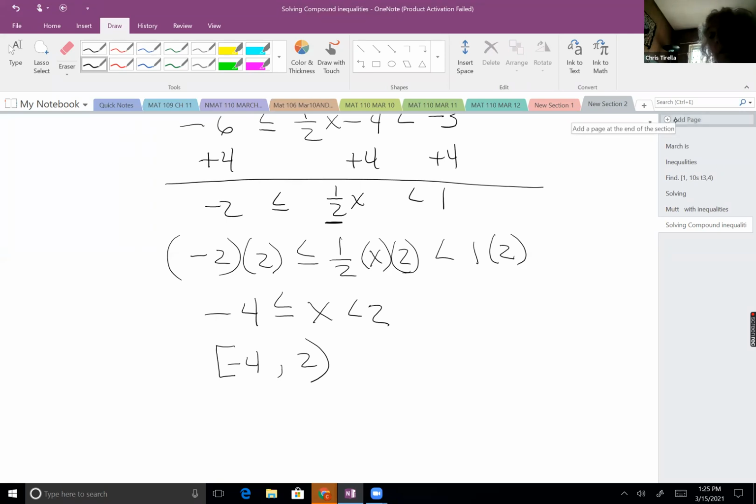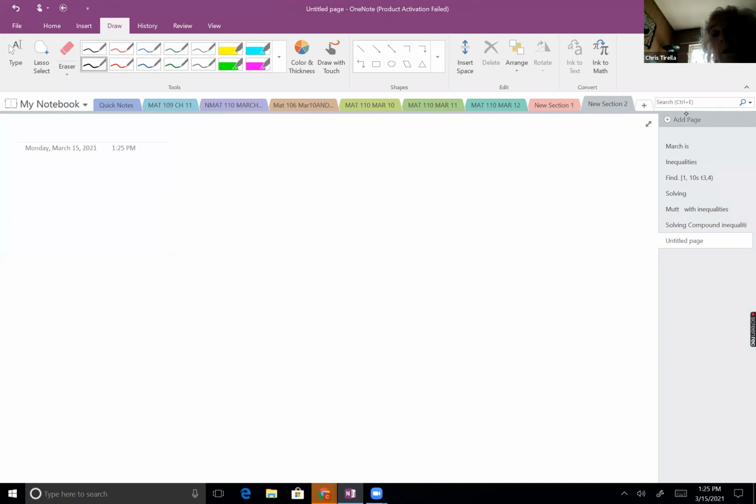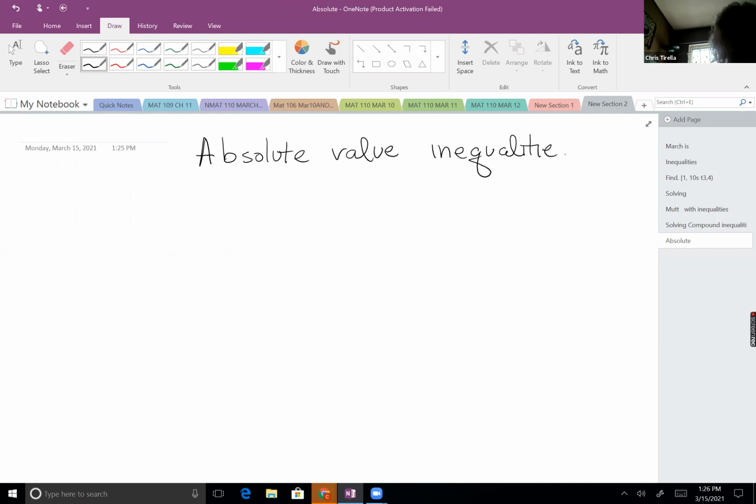The next place that we're going to go is we're going to look at absolute value inequalities. When we look at absolute value inequalities, we're going to look at 2 different types of inequality.